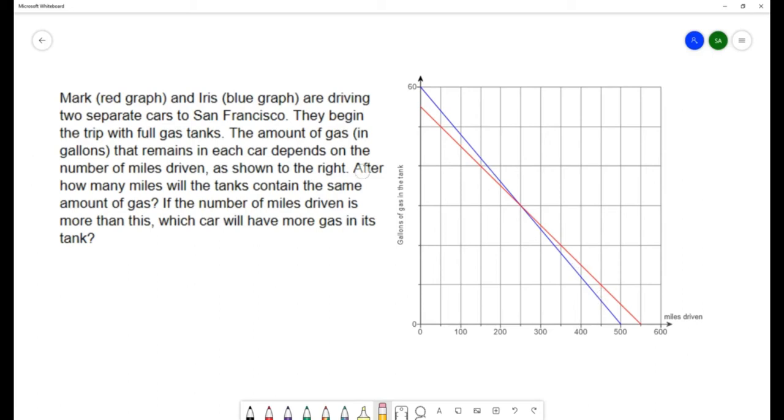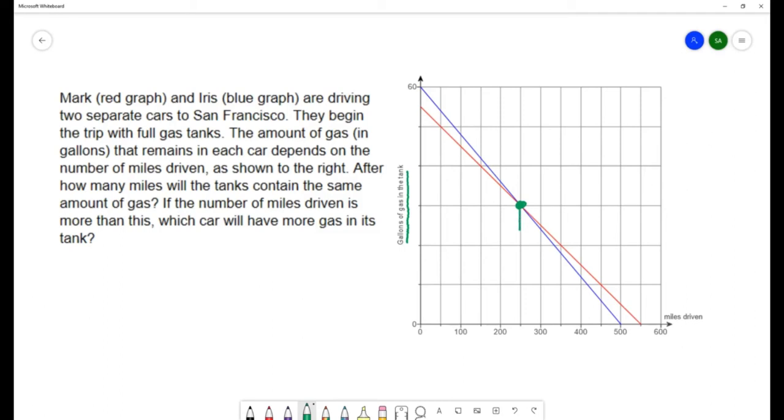So it says here, after how many miles will the tanks contain the same amount of gas? So the same amount of gas, remember this vertical scale is the gallons of gas, and we can see at this point right here, that's when the gallons of gas are the same.